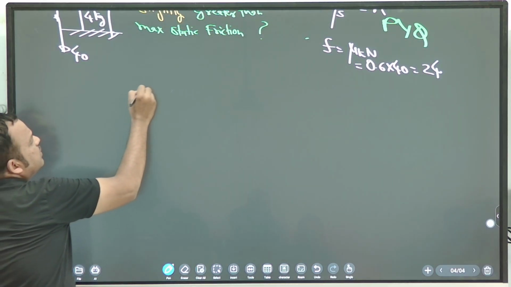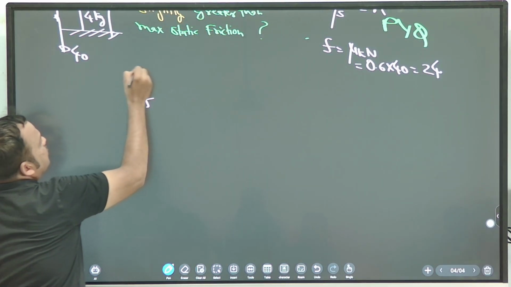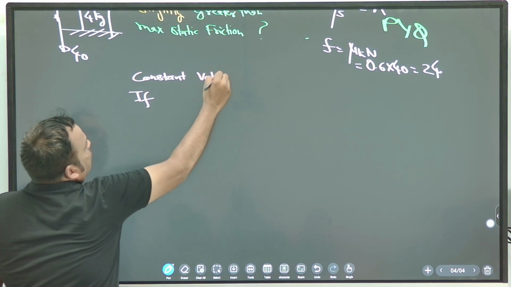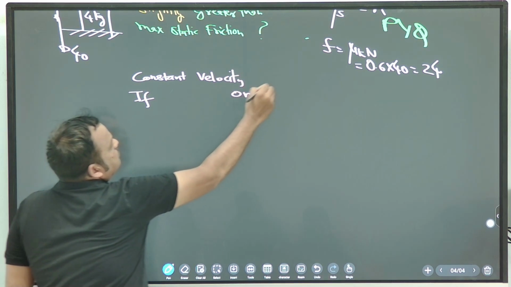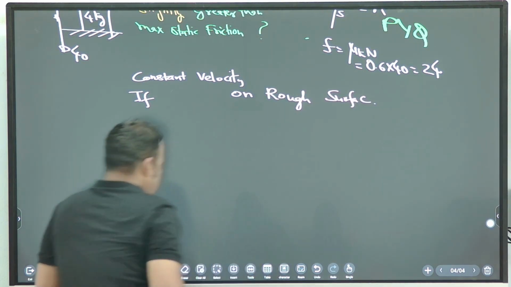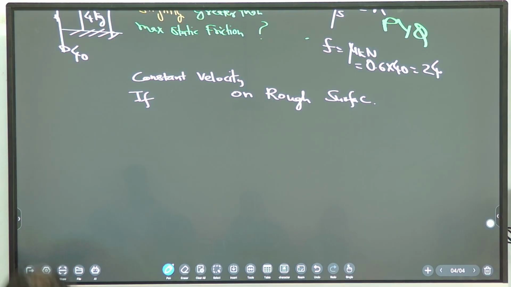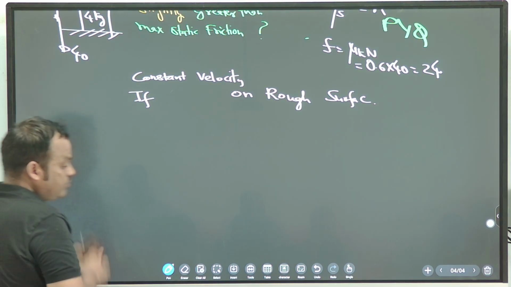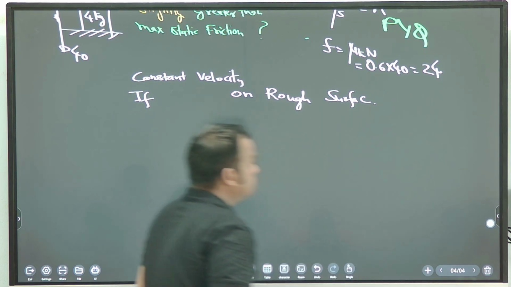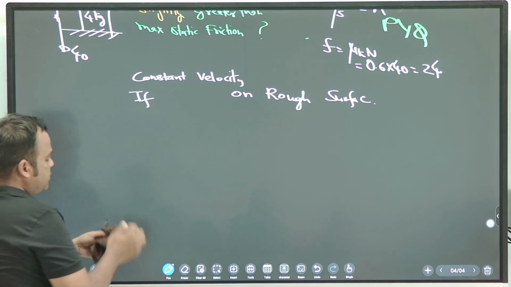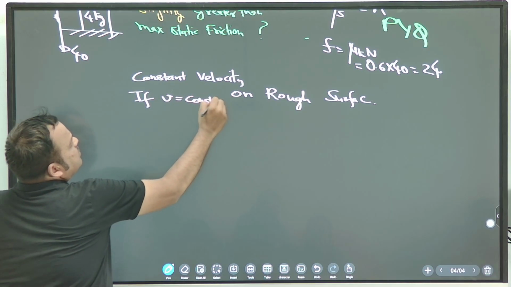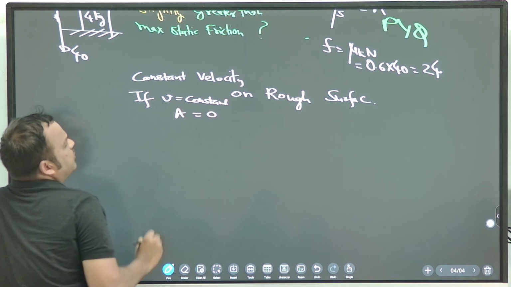Next, you write down, if moving with constant velocity, note down topic: constant velocity on rough surface. Like this, it is going with constant velocity. If velocity is constant, so what is the acceleration? 0.